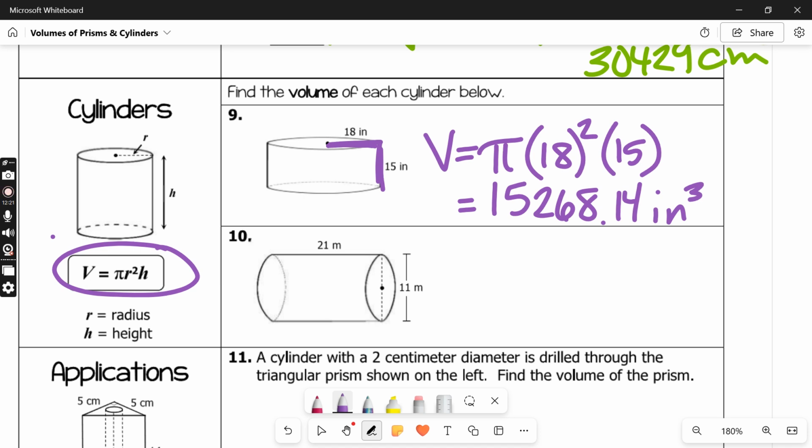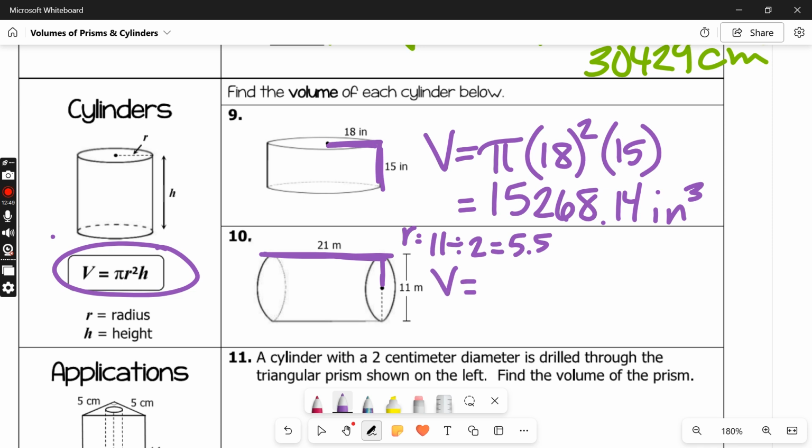Okay, again, I just need my radius and my height connecting my two bases. So this says that the entire distance of my circle is 11. I just need this inch. So I'm going to do 11 divided by 2 to find my radius. So that would be 5.5. And then the height connecting my two circles is 21.